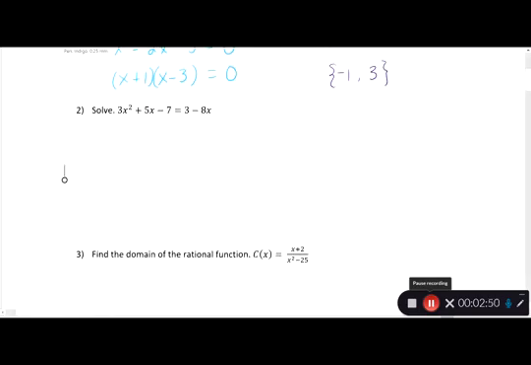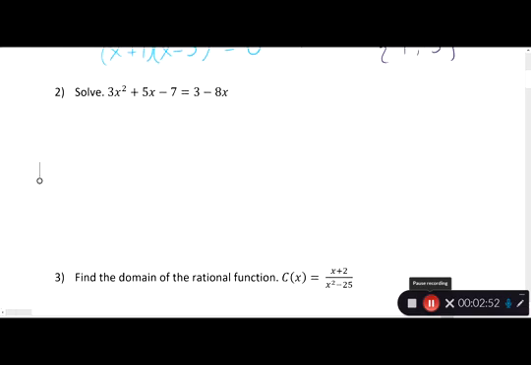Okay, so same thing. Solve 3x squared plus 5x minus 7 equals 3 minus 8x. This time we don't have to do any FOILing, but we do need it to be equal to 0 again. The only way you can solve these quadratics for x is if you need it to be equal to 0.